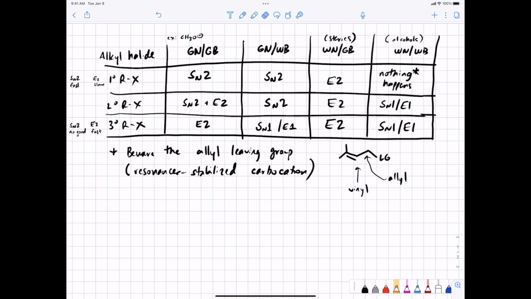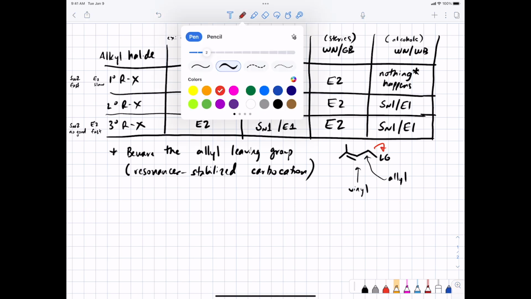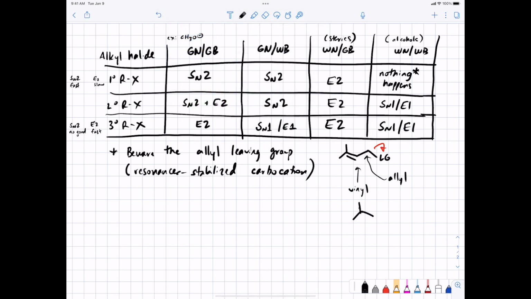If it leaves, you get a resonance stabilized carbocation like this. Make sense? Yeah? Okay? Anything else?